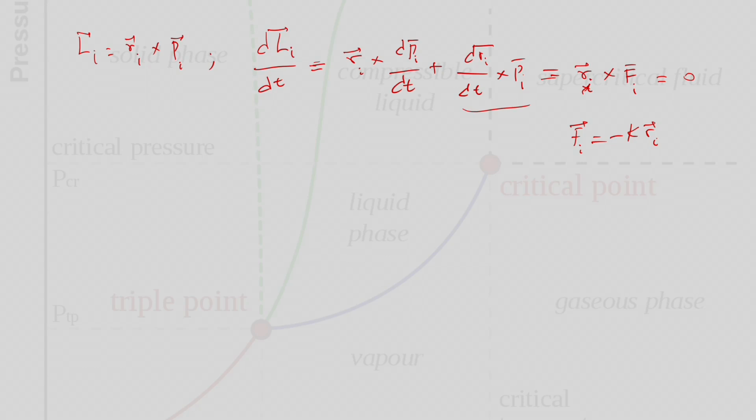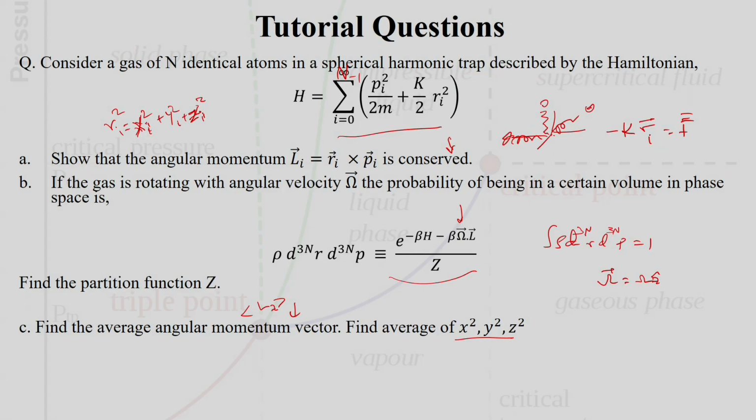As a result, the angular momentum of the particles is conserved, in the absence of rotation for this Hamiltonian, that is. If it is rotating, you can move to the non-inertial reference frame, and then you will pick up a certain rotational energy in excess of this Hamiltonian, given by omega dot L, which gets added on to the Hamiltonian, and this is going to be your phase space.